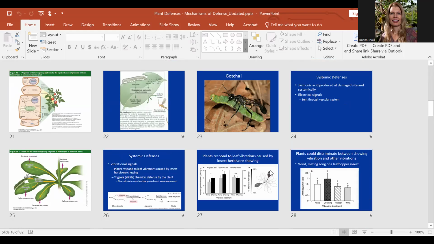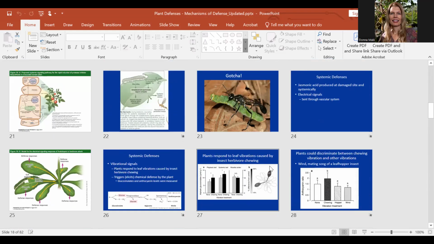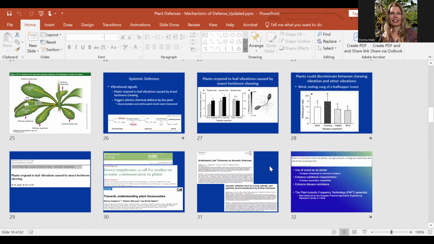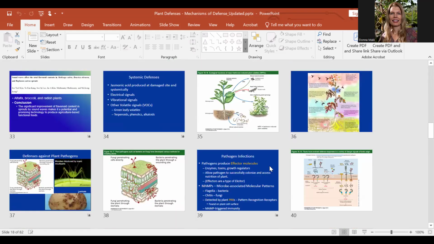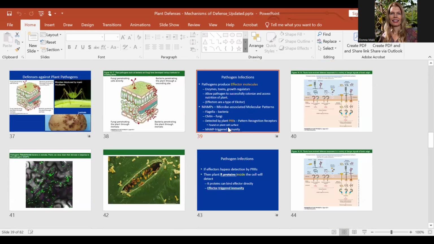So think about those. This slide set, we talk about herbivore attack first, and then further down, when I say pathogen, that's getting at microbes. So the pathogen infection content, plant pathogens. And so they work it a little different.